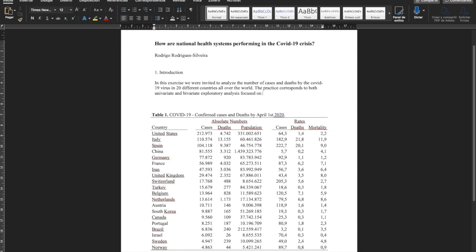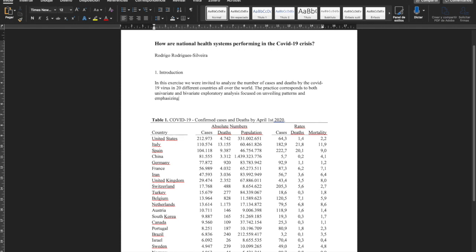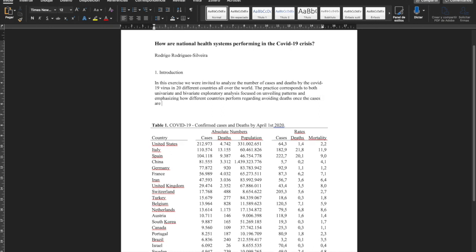Focusing on unveiling patterns and emphasizing how different countries perform regarding avoiding deaths once the cases are identified.